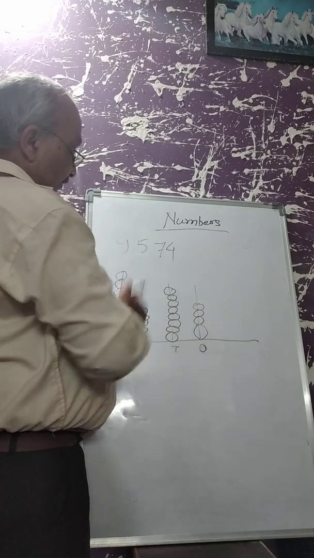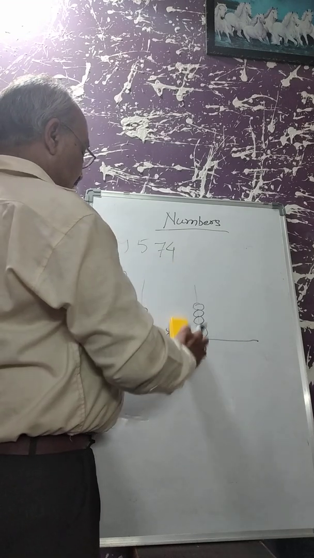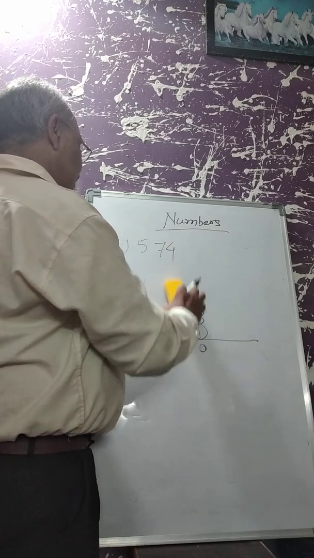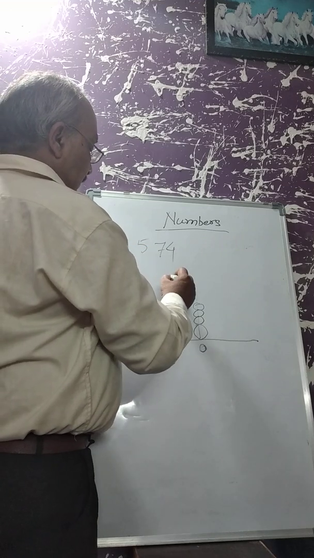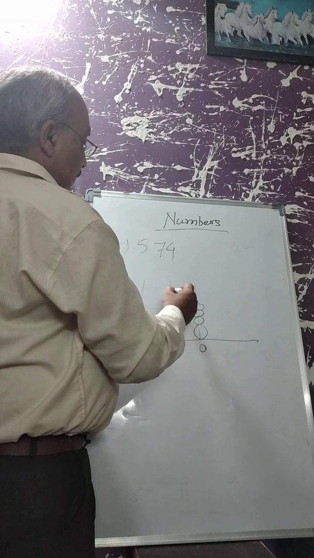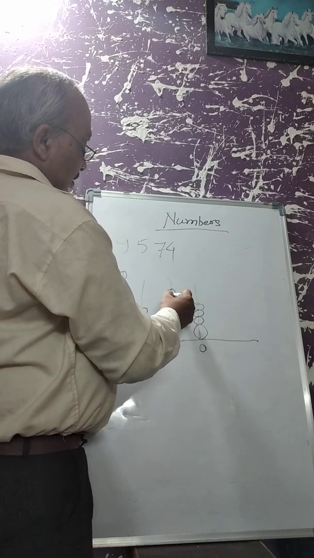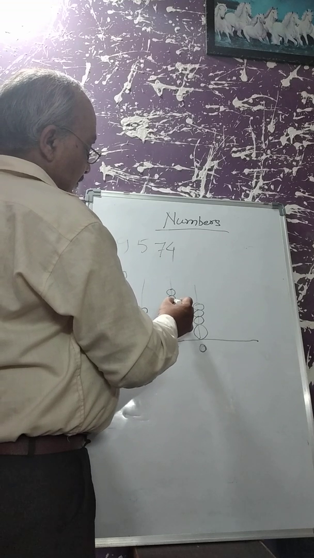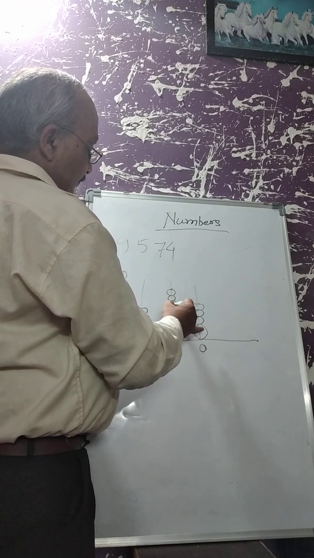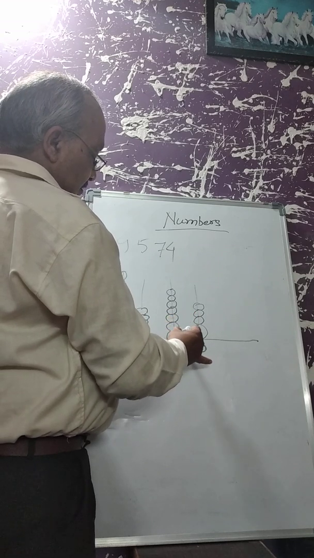Then again it is 7. So how many beads will be there in this stick? 7, altogether 7, because 7 is the figure here in the tens place. 1, 2, 3, 4, 5, 6, 7.